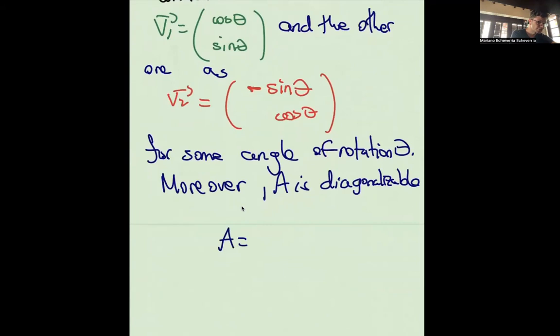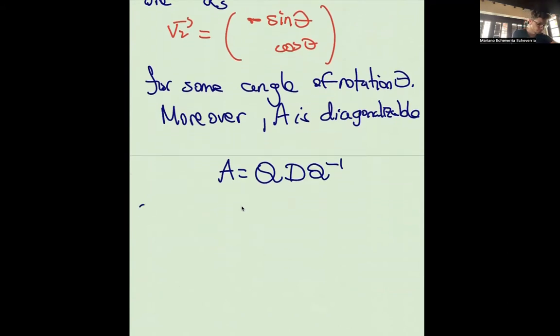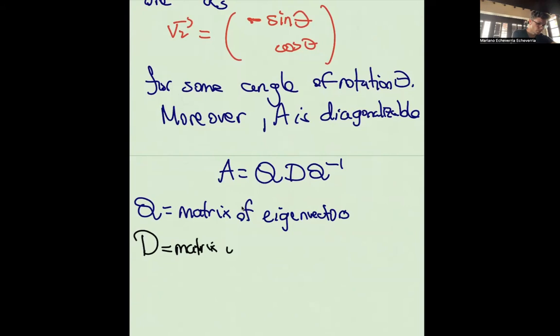It meant that A was Q D Q inverse, where Q was a matrix of eigenvectors, and D was a matrix of eigenvalues. So D was lambda 1, 0, 0, lambda 2.